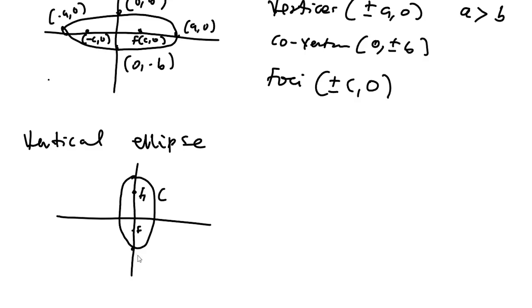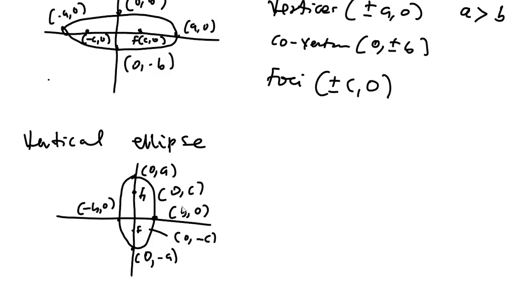Now our vertices are here and the co-vertices will lie on the horizontal axis. So in this case, we have our vertices being 0, negative a, and we have 0, a. Then we have b, 0. Then we have negative b, 0. So the foci will be what? 0, c, and we have 0, negative c.